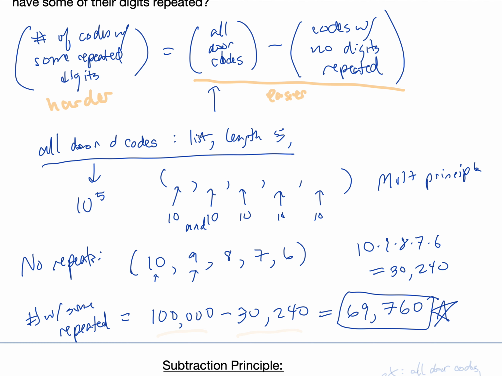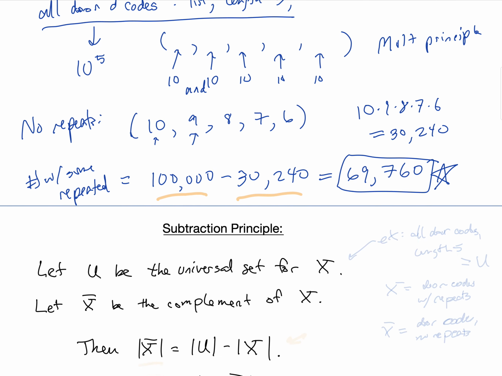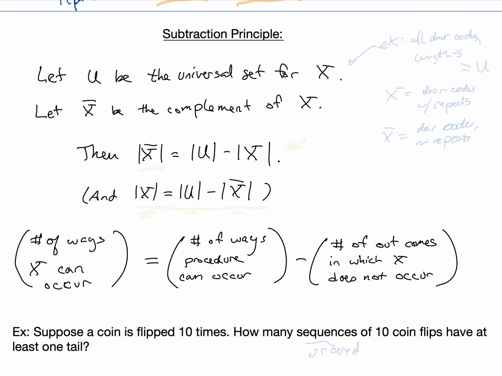So again, what we did was we calculated the total and then took away the ones that didn't fit our criteria, and we're left with what we want to compute. Formalizing that, here's the subtraction principle. If U is the universal set for X, like in our last example, it would be all door codes of length 5 with the numbers 0 through 9.